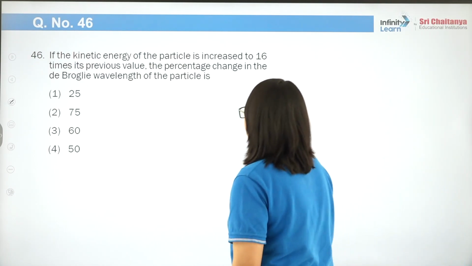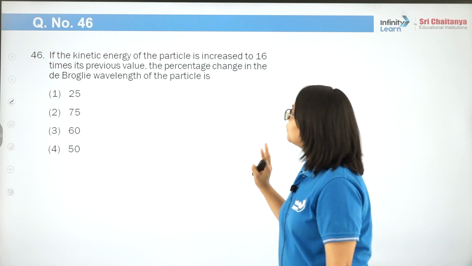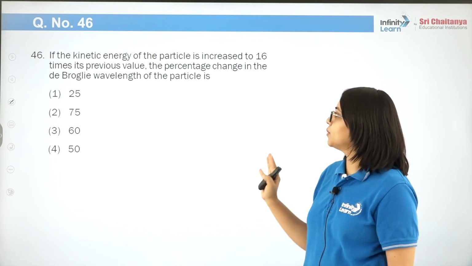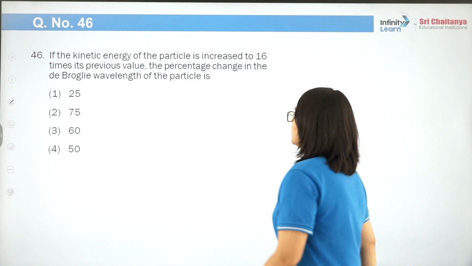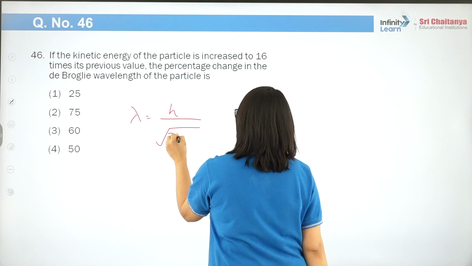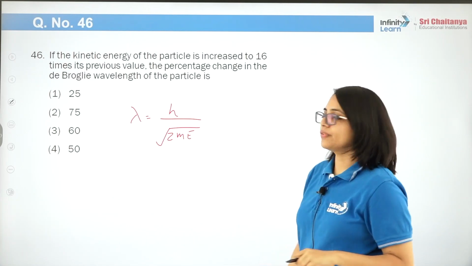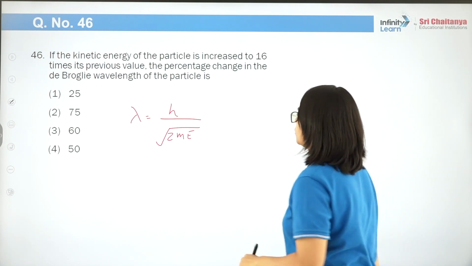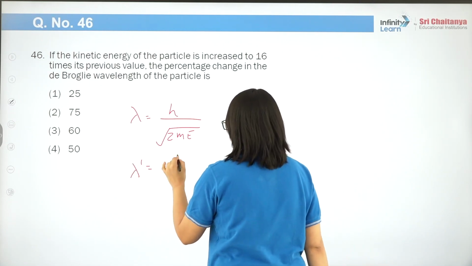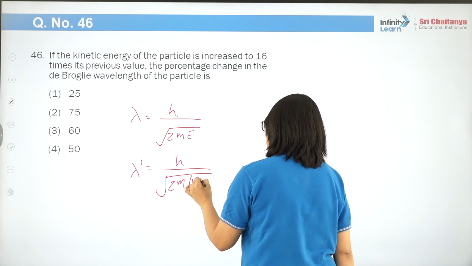Question number 46. If the kinetic energy of the particle is increased to 16 times its previous value, the percentage change in the de-Broglie wavelength of the particle is. So lambda is h upon under root 2 mE. Now we are increasing the value of E by 16 times. So new lambda dash will be h upon under root 2 m into 16E.